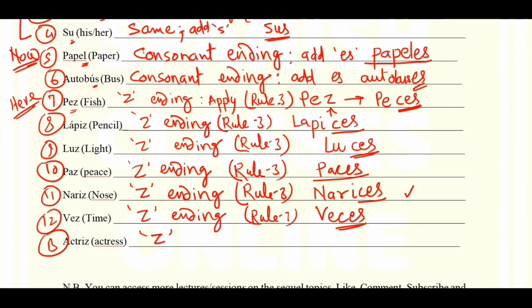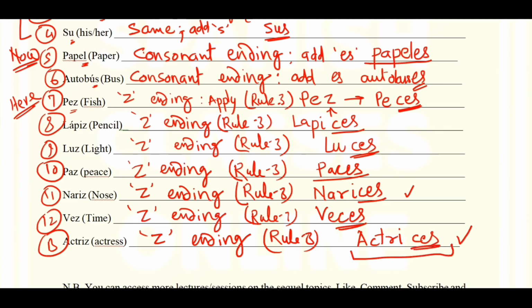Last example, actriz. Z ending noun. Rule number 3 again. Drop z. Actrices. Yeah, these are several examples covering all the rules. Rule number 1, 2, 3, where we have converted the singular noun to the plural noun. That's why all these are very important points.